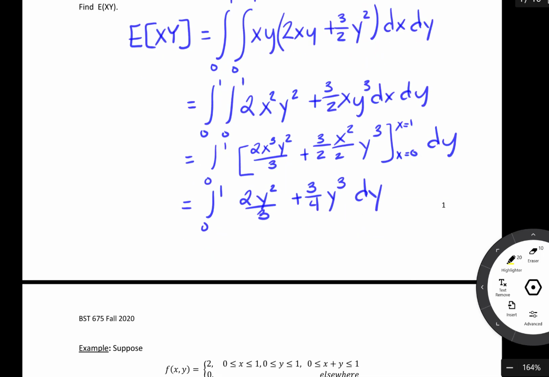And then again, if we integrate with respect to y, since I'm running out of space, I'm going to skip that step, but do confirm on your own that you find 59 divided by 144.